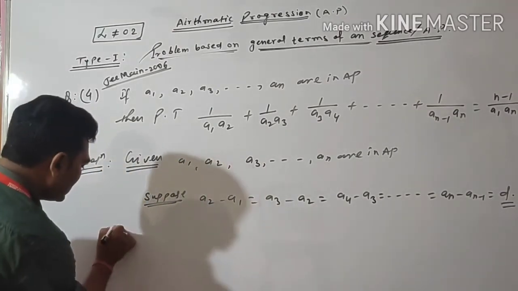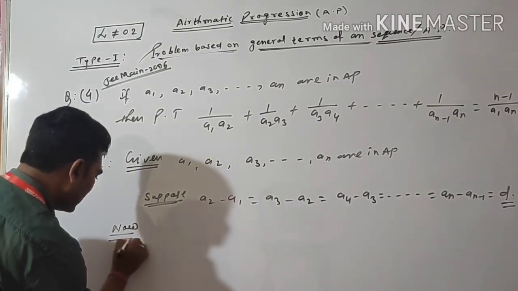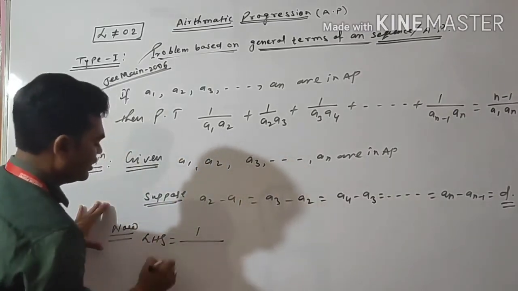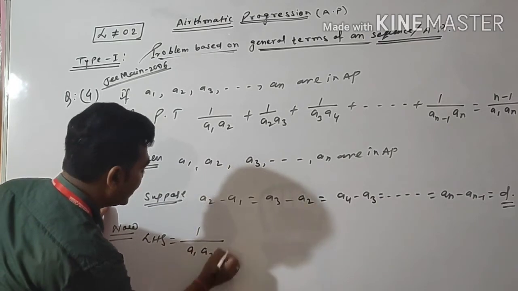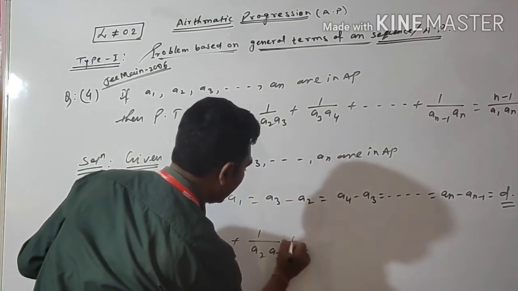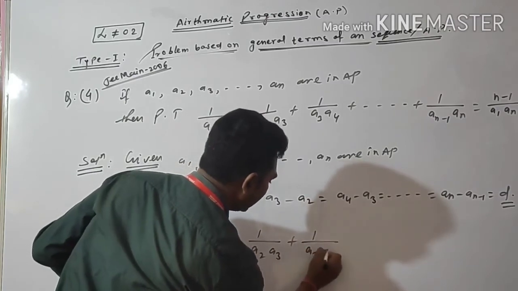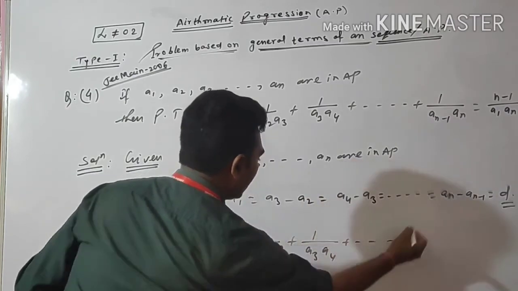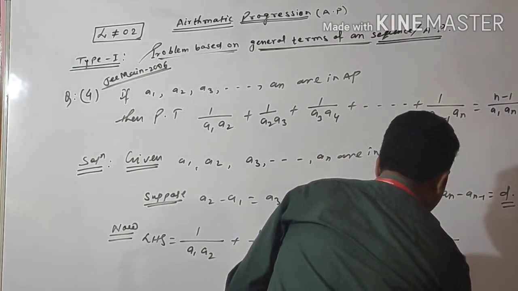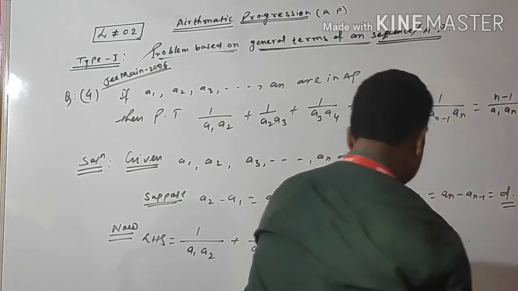now LHS equals 1 by A1 A2 plus 1 by A2 A3 plus 1 by A3 A4 and dotted plus 1 by An minus 1 An.